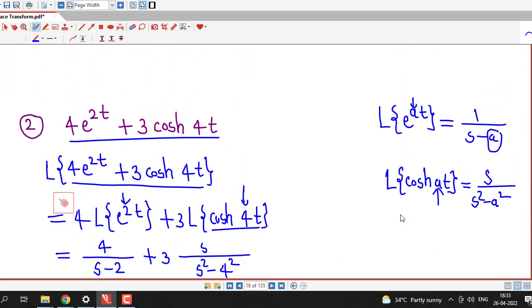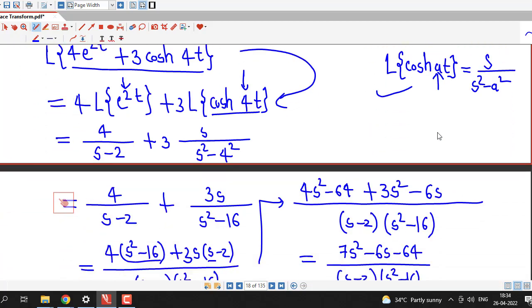So this is very easy. We are just applying linearity property here, and we are applying the formula of this Laplace transform of these two functions, exponential and cos hyperbolic function.